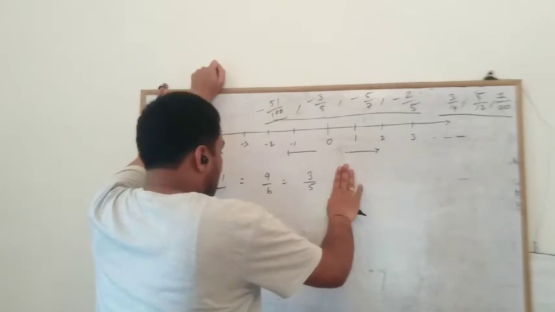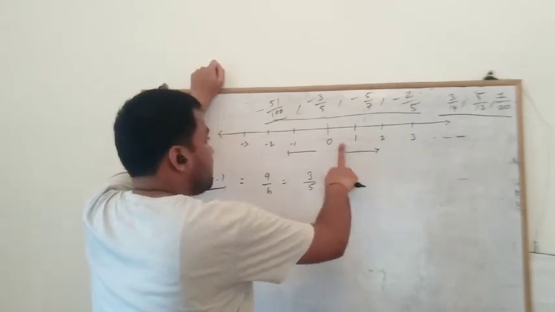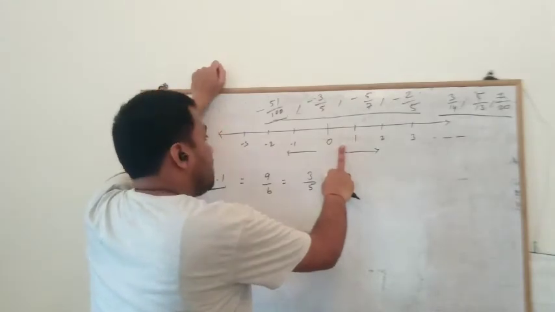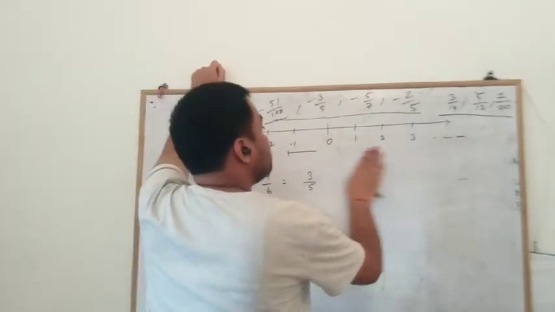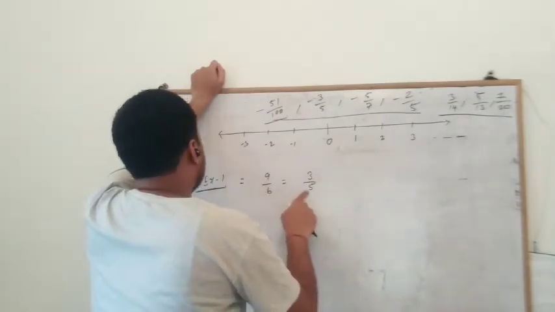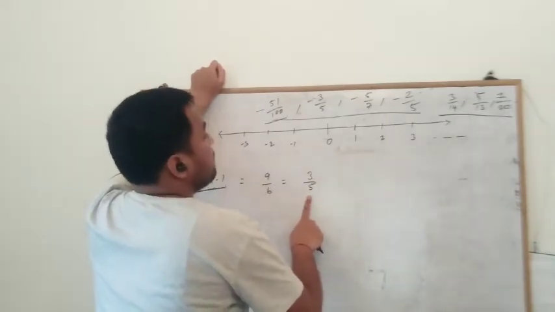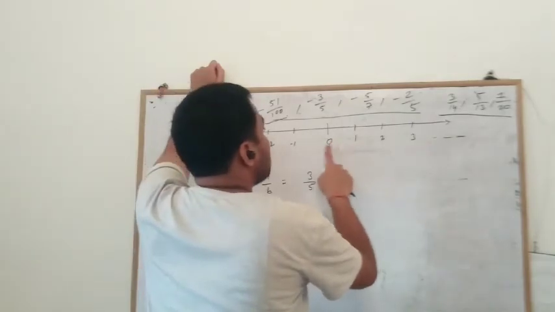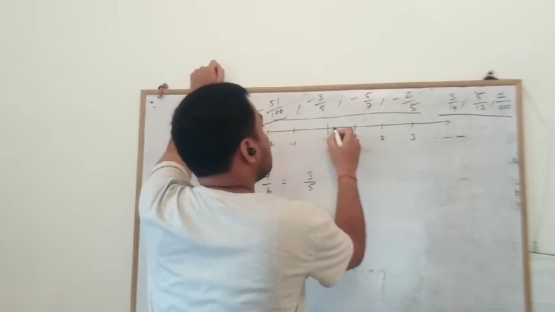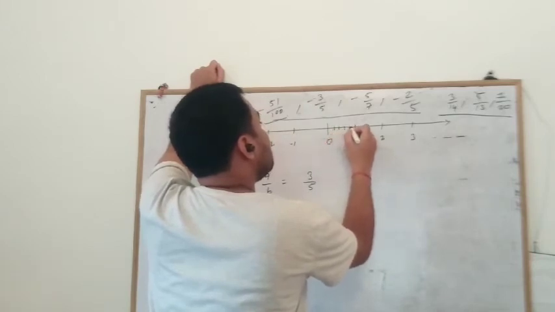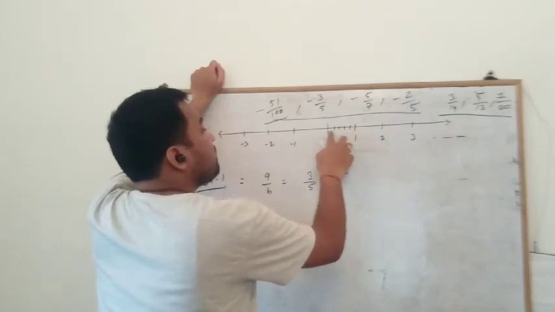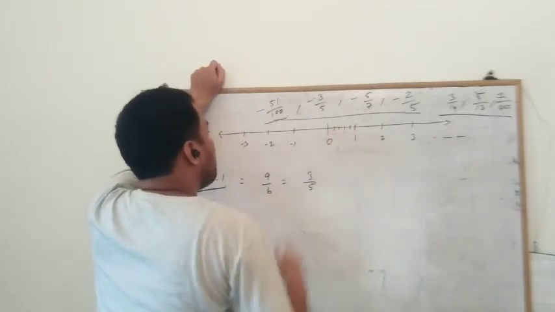So now we have confirmed the space on the number line. What is the denominator? This is 5. So first we divide 0 and 1 into 5 equal parts: 1, 2, 3, 4 and 5.